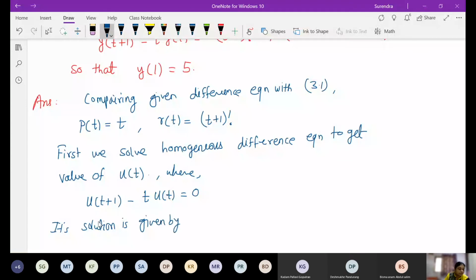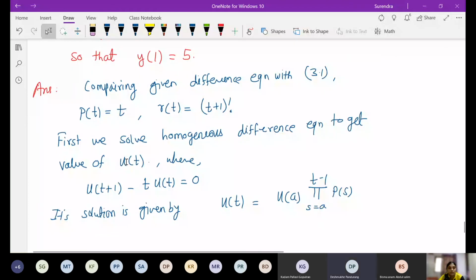how its solution is given, we know that its solution is given by u_t equals u at a times the product for s equal to a to t minus 1 of p at s, right?